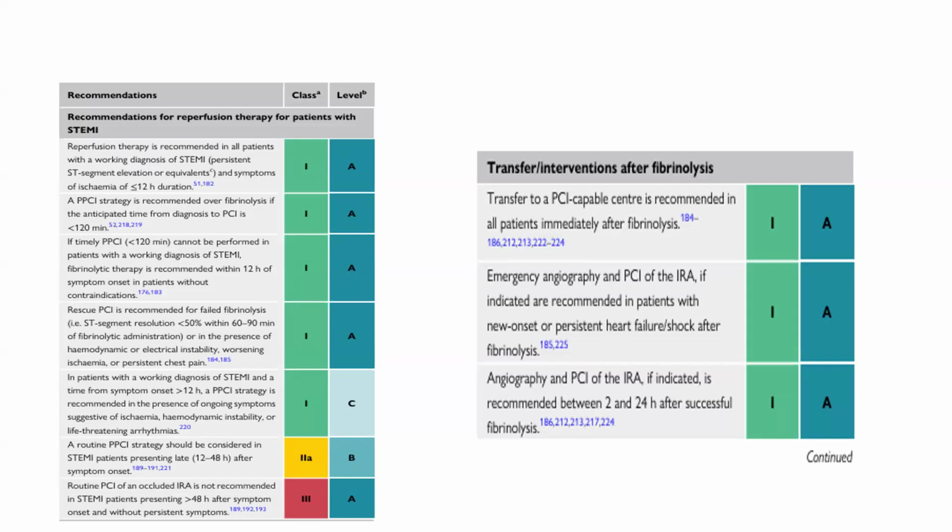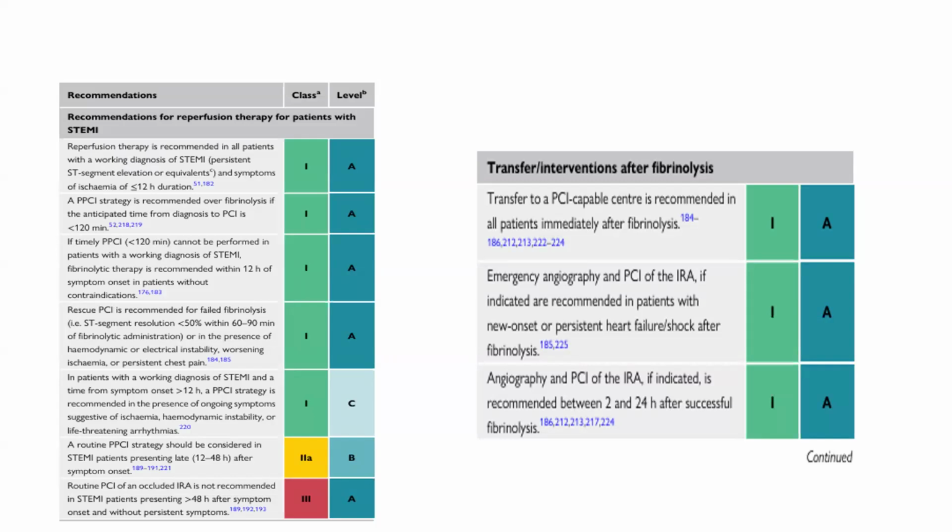In patients with a working diagnosis of STEMI and time from symptom onset more than 12 hours, PCI strategy is recommended in the presence of ongoing symptoms suggestive of ischemia, hemodynamic instability, and life-threatening arrhythmia. A routine PCI strategy should be considered in STEMI patients presenting late, that is 12 to 48 hours after symptoms. A routine PCI of an occluded infarct-related artery is not recommended in STEMI patients presenting more than 48 hours after symptom onset without persistent symptoms.